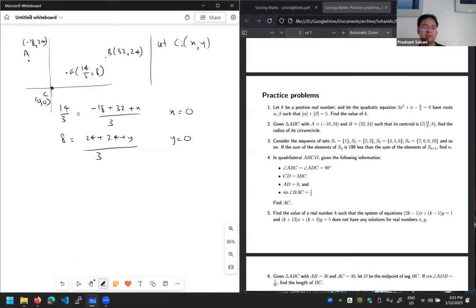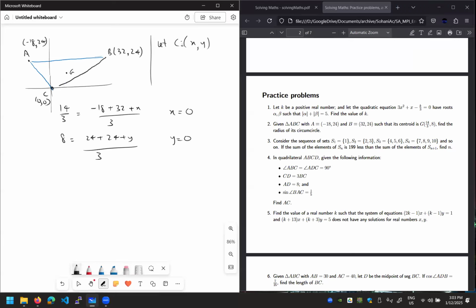Okay, so this is my triangle ABC, something like this. Yes, Prasanna. Sir, y will be equal to minus 24? Oh, okay.